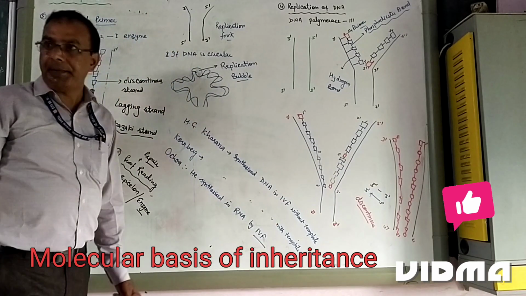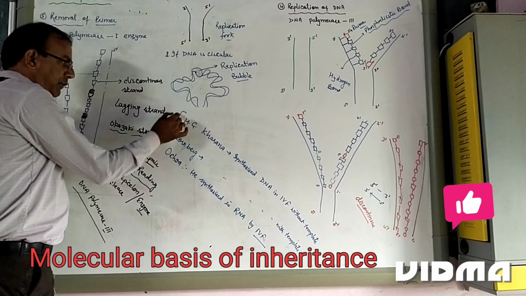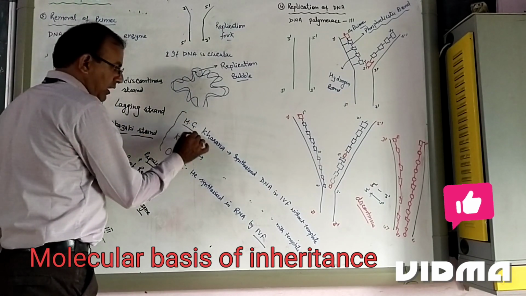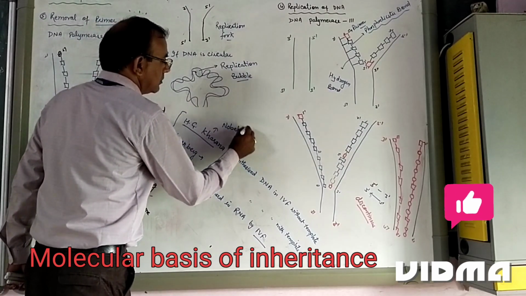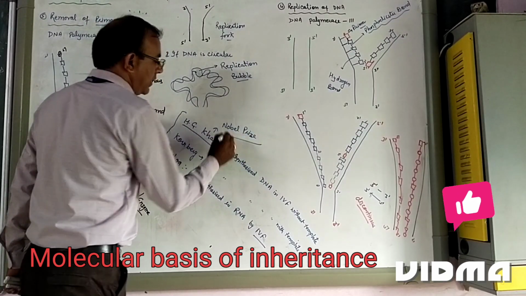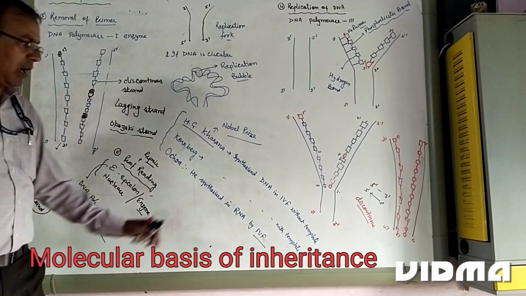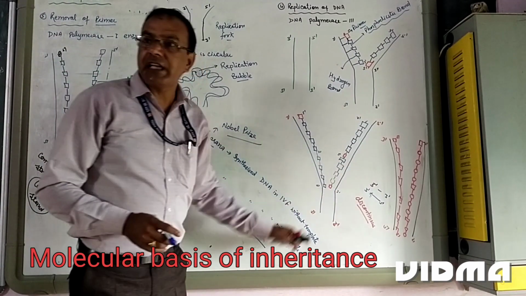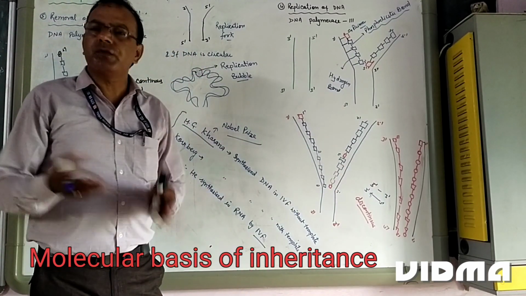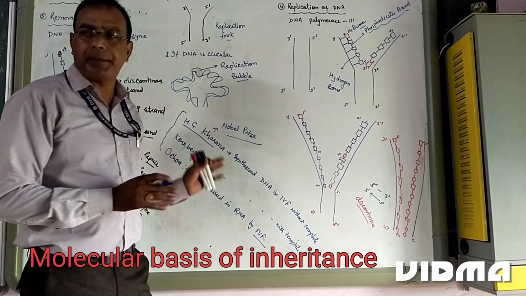IVF is a test tube. After this discovery, Har Gobind Khurana was awarded the Nobel Prize for his discovery of the synthesis of DNA without a template. This process is also known as semi-conservative. In the next part we will discuss how the semi-conservative process takes place. Clear?